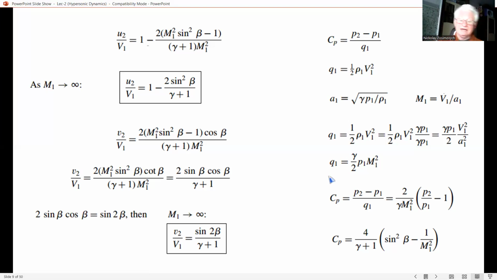And we can now write the pressure coefficient as the next expression for Cp.